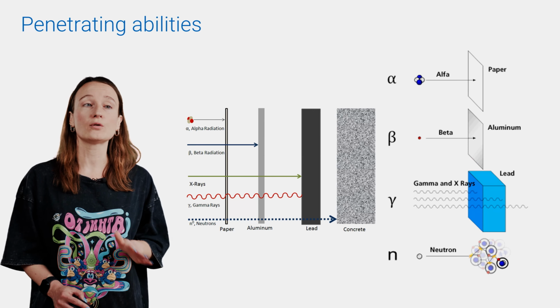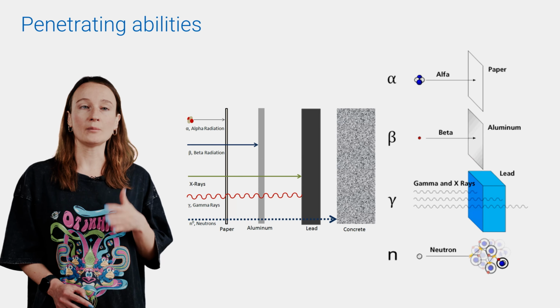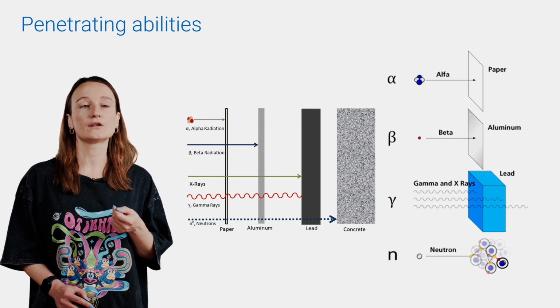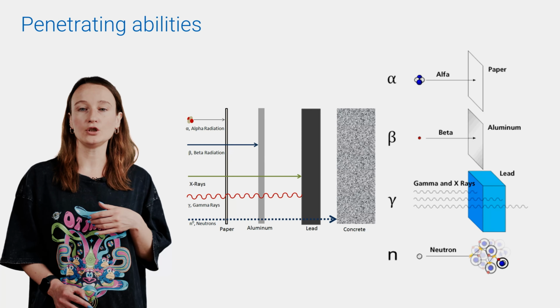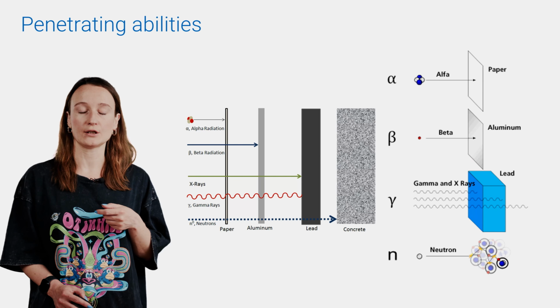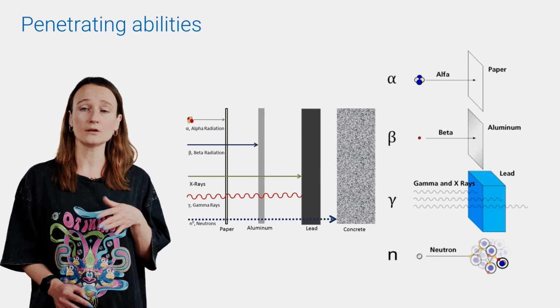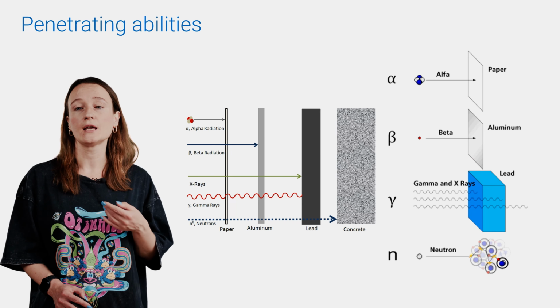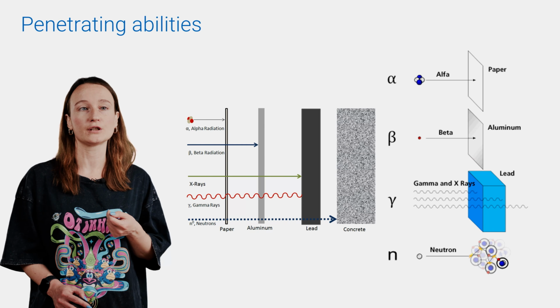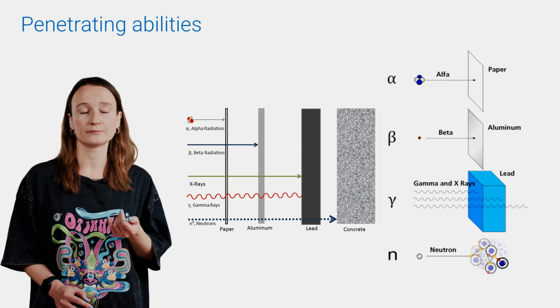It can be stopped only by thick lead or concrete. Gamma quanta cause irradiation of the whole body. Neutrons have no charge and can penetrate many materials, so they have a high penetration power. To slow down or stop neutrons, substances with a high hydrogen content are required, such as water or paraffin.